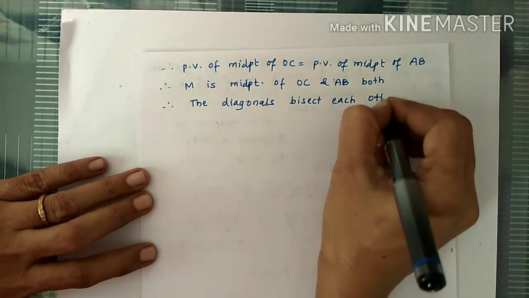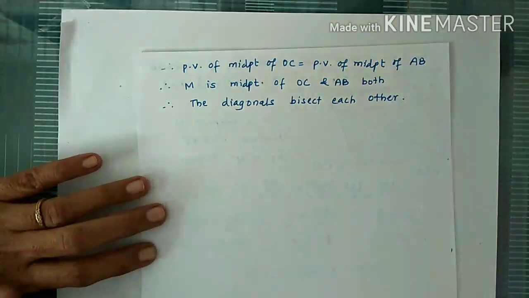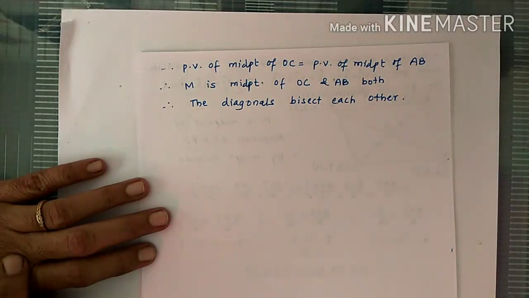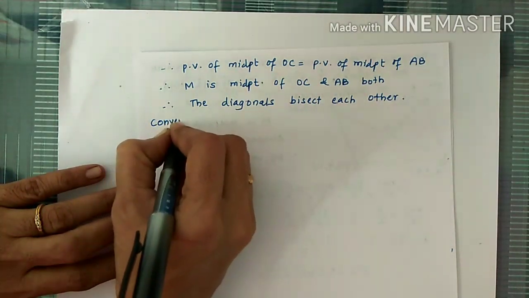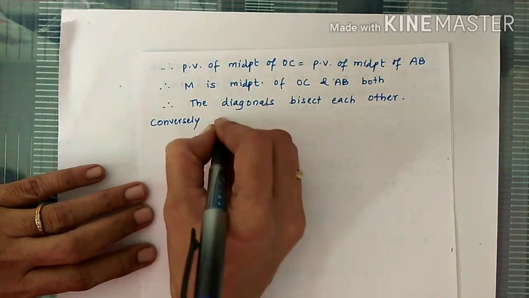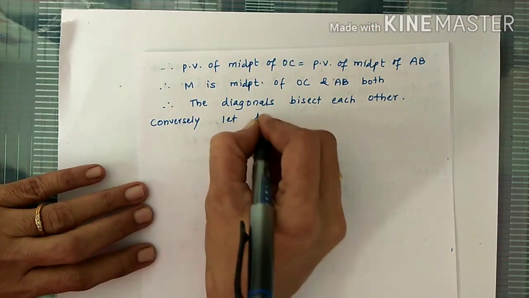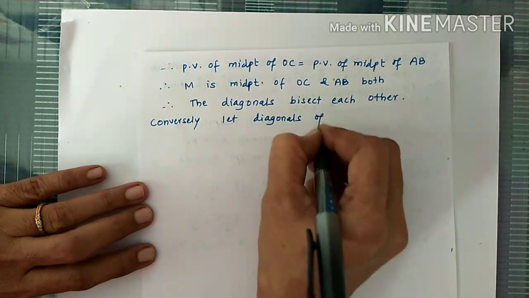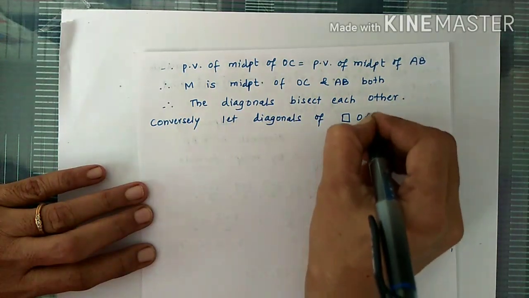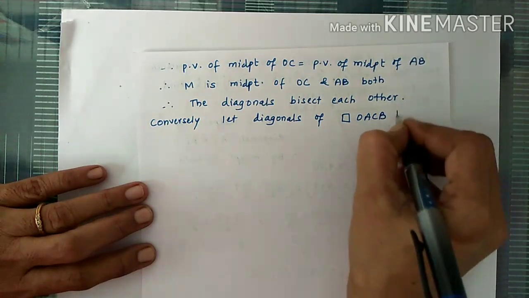Now the converse is we have to consider a quadrilateral and we have to consider that the diagonals bisect each other. Conversely, let diagonals of quadrilateral OACB bisect each other.